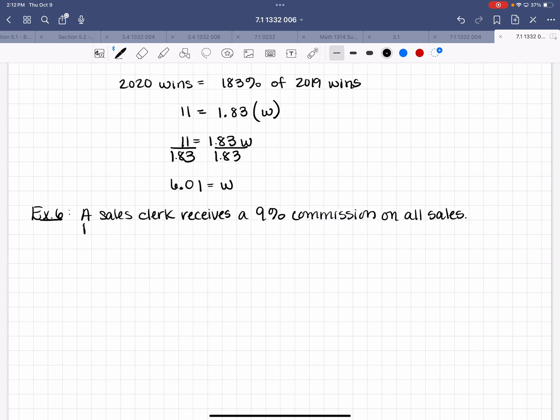Find the total sales the clerk made if the commission was $486.